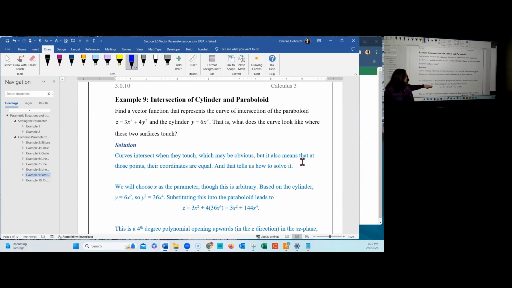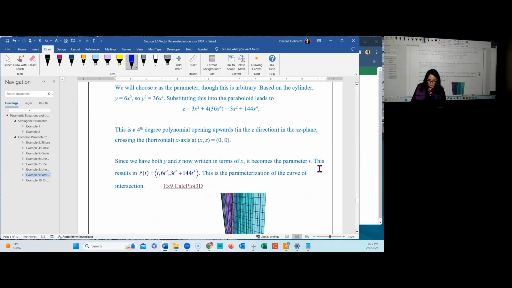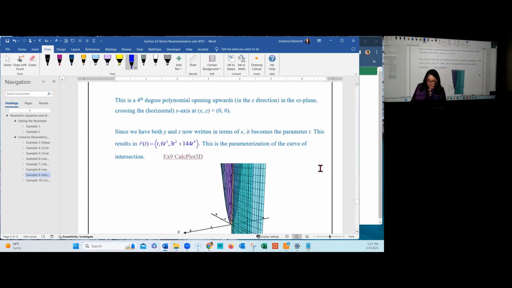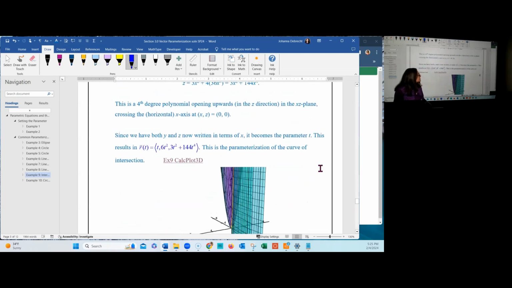So y squared becomes 36x to the fourth, and I substitute that into the paraboloid, and I get the equation z equals 3x squared plus 144x to the fourth. Now this is a fourth degree polynomial which opens upward in the positive z direction in the xz plane, crossing the horizontal x-axis at the origin (0, 0).